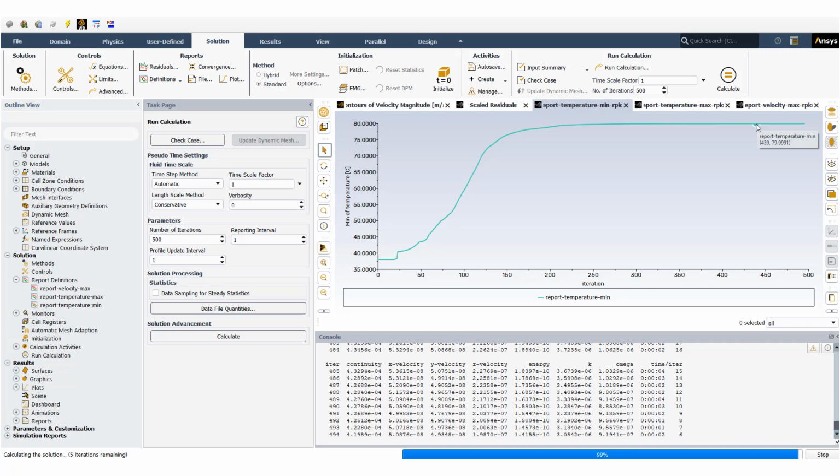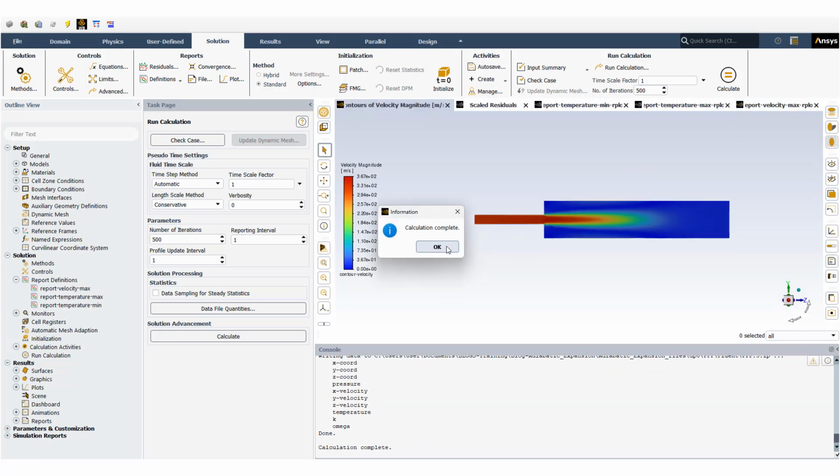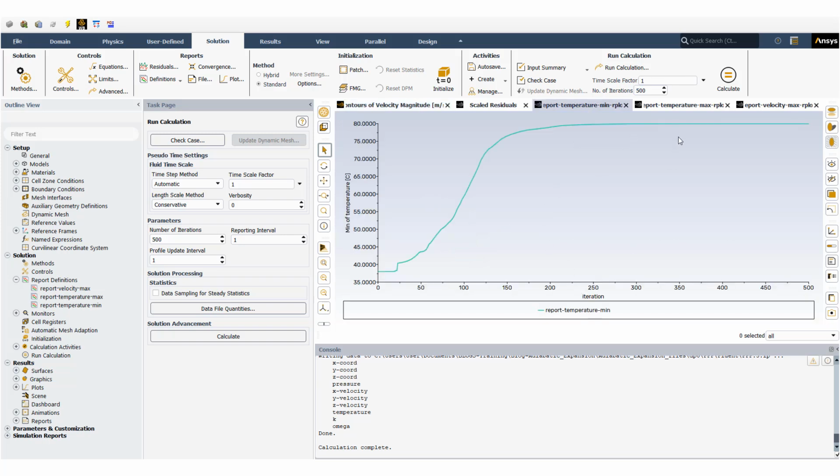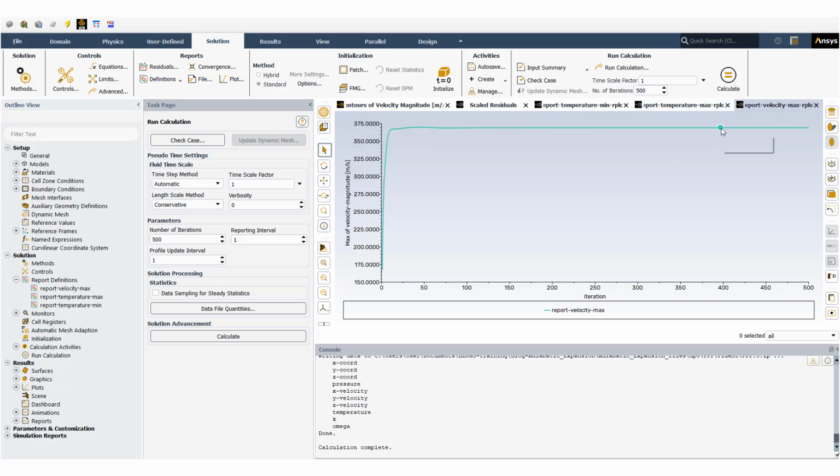You see that mean temperature now is about 80. This is mean temperature, it gets to the 80. Max temperature same at 80, and max velocity is about 370 meter per second.